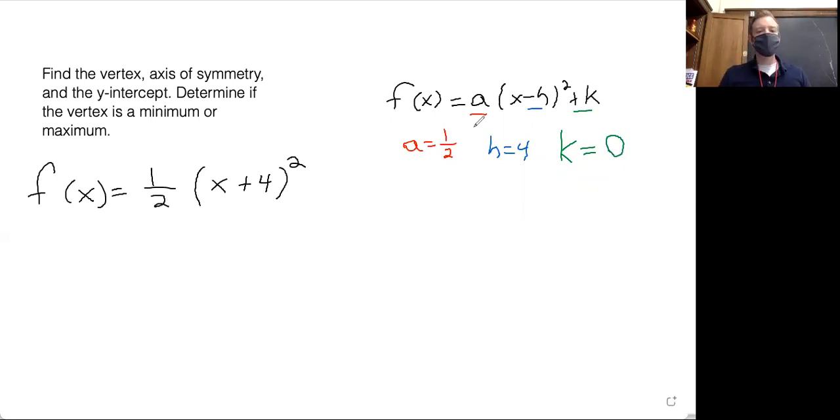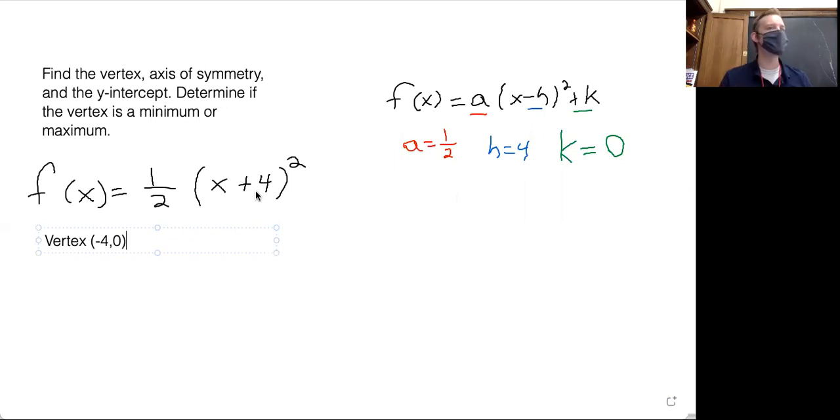So here, if we know that H is positive 4, if we've got this plus 4 right here, that means our vertex is going to be -4, comma 0, because our k is 0, our y value is 0, and the x value is always reversed of whatever we have inside the parentheses here. That will be the #1 mistake that people make.